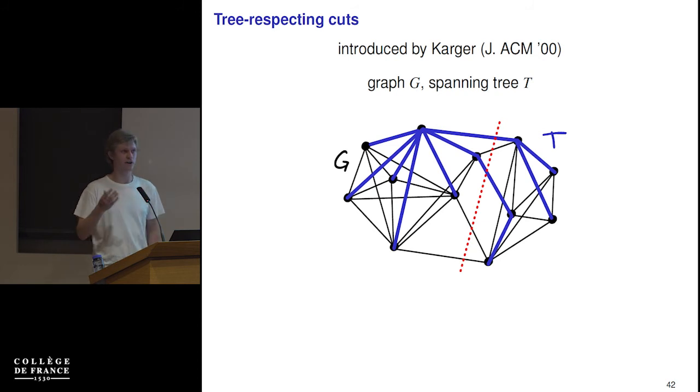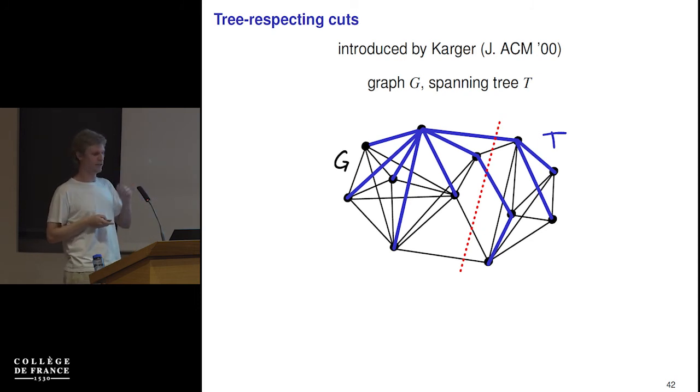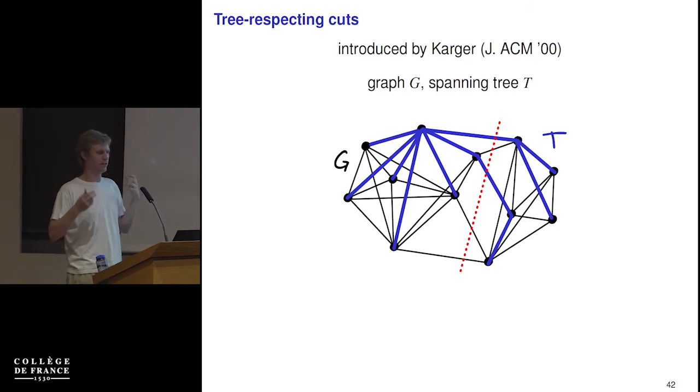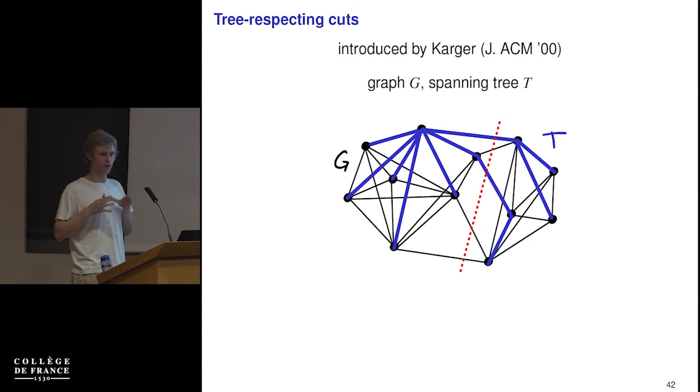Consider a general input graph G, and consider a spanning tree T. What Karger did is, if you have an input graph G and you want to run this greedy algorithm to find a KT partition by just iterating over all possible cuts, there are exponentially many cuts in a graph, so that's unfortunate and very costly. What Karger tried to do here by using this concept of tree-respecting cuts is somehow get a grip on the number of potential near minimum cuts.